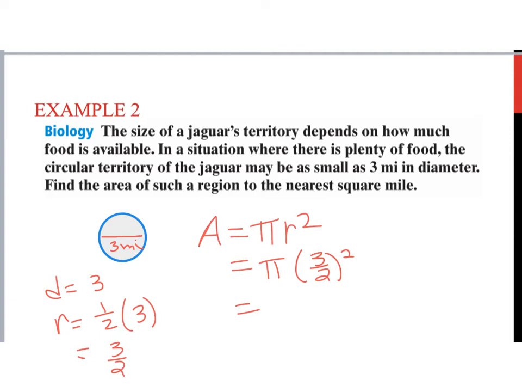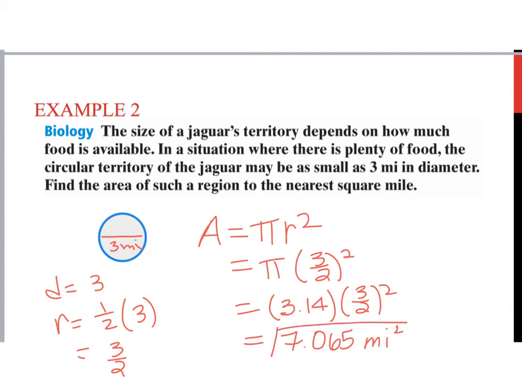So to write this down, I'm going to go 3.14, which is pi, times, you can either do 1.5 or 3/2 squared. And when I multiply this out, I end up with 7.065, and this would be square miles because it was an area. So roughly, the area of the region is about 7 square miles.